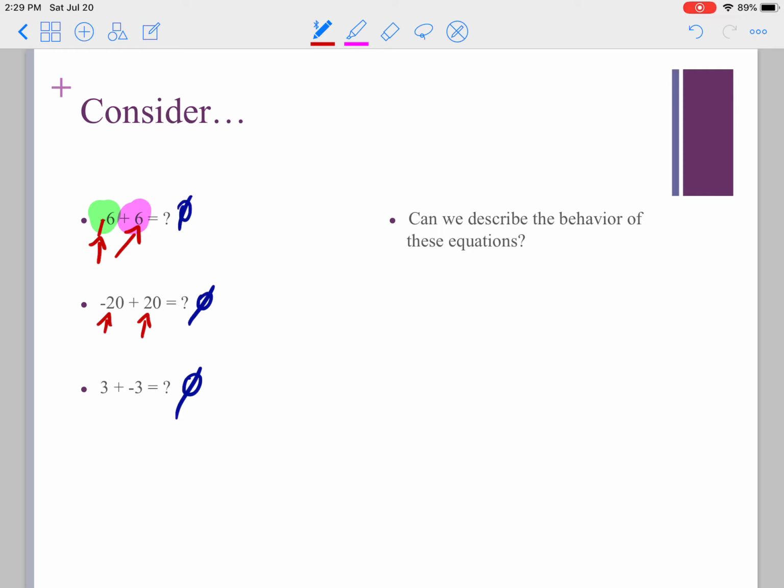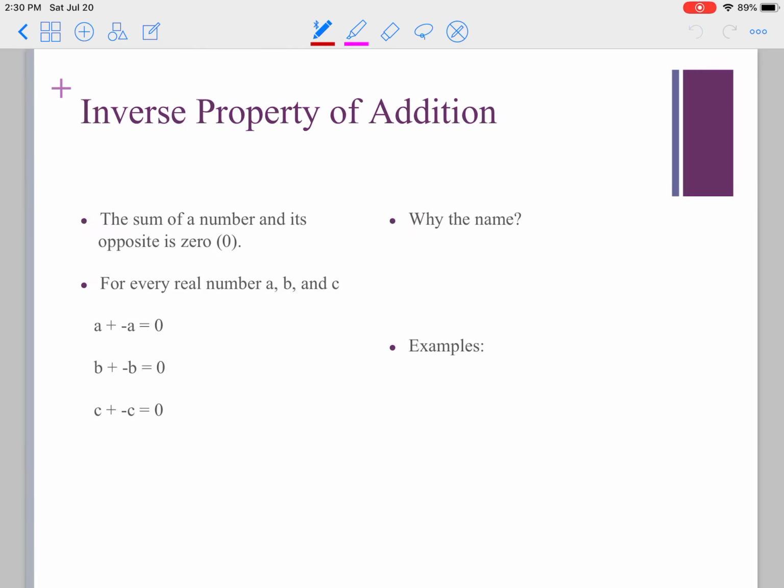And then finally, the opposite of a positive 3 would be a negative 3. So when we add the opposite, the result is 0. So let's see what this property is actually called.